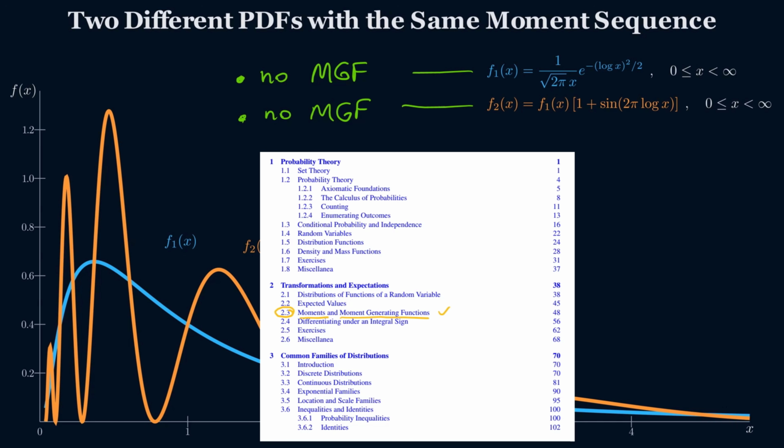The next section is on differentiating under an integral sign. It's really all about mathematics there. There's really no probability content. And I will not cover this section now because I don't think we will stumble until we get to chapter 7 on a single case in which we will need to be careful about differentiating under an integral sign.